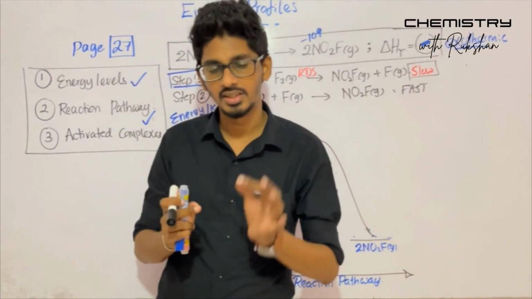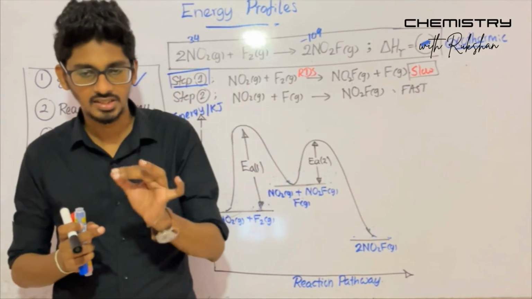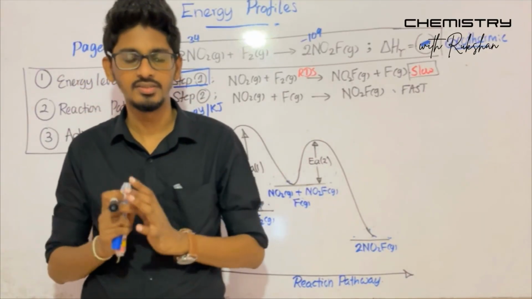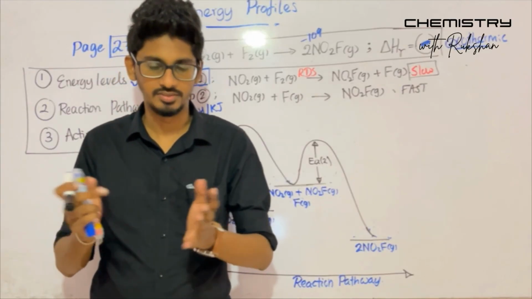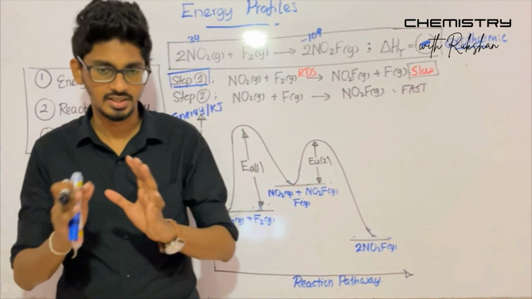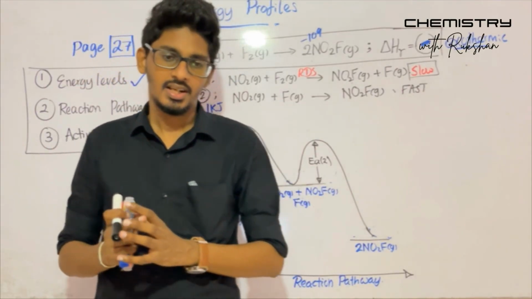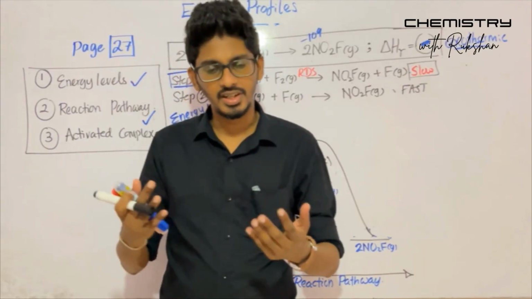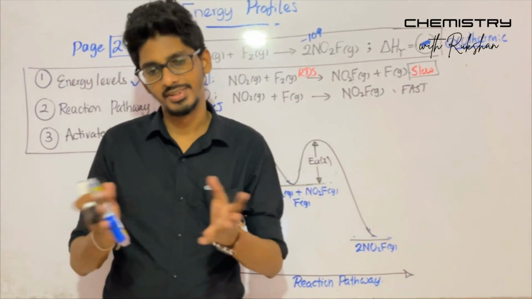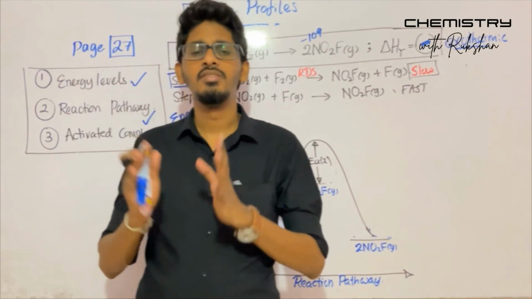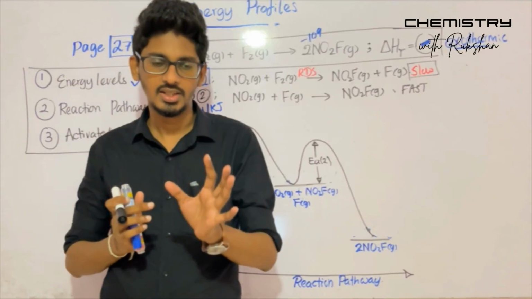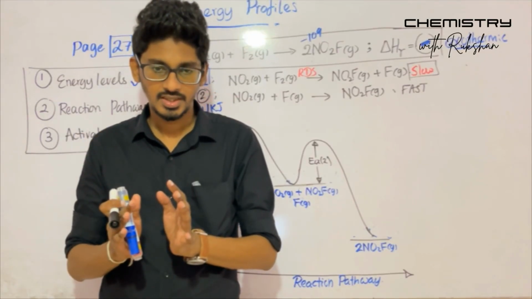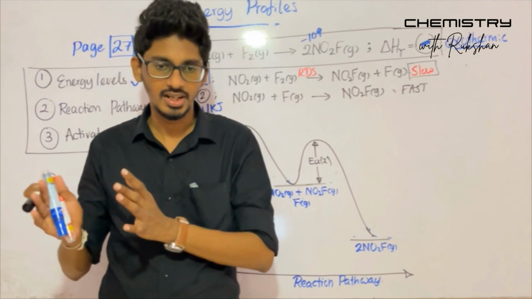We are going to mark the weaker bonds in your activated complex with longer dotted lines. All the other bonds are going to be marked as normal, with normal lengths, with the normal nature of covalent bonds. So the major thing to consider here is that we have to mark the weaker bonds with longer dotted lines.